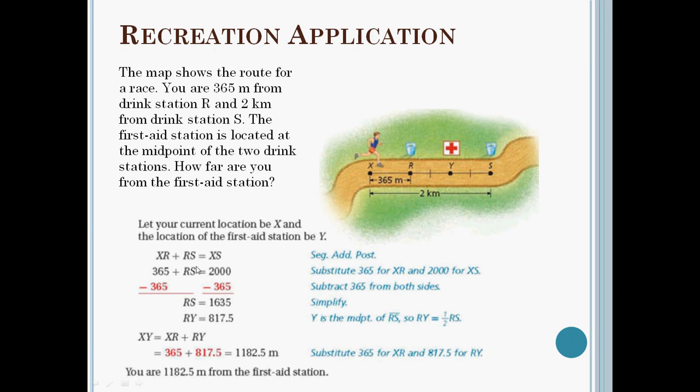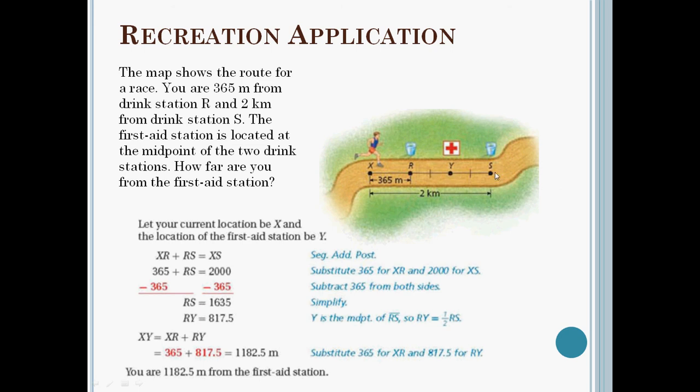RS we need to find. We don't know what that distance is. But we know that we're 2 kilometers, which is 2,000 meters away from S. We could subtract the 365 on both sides, and we get that RS is equal to 1,635 meters.